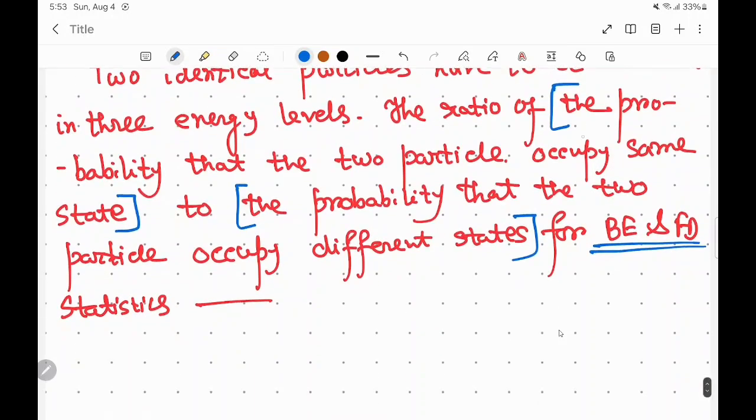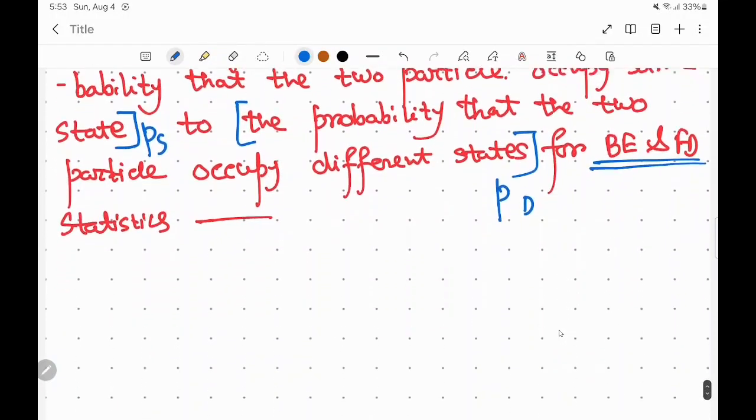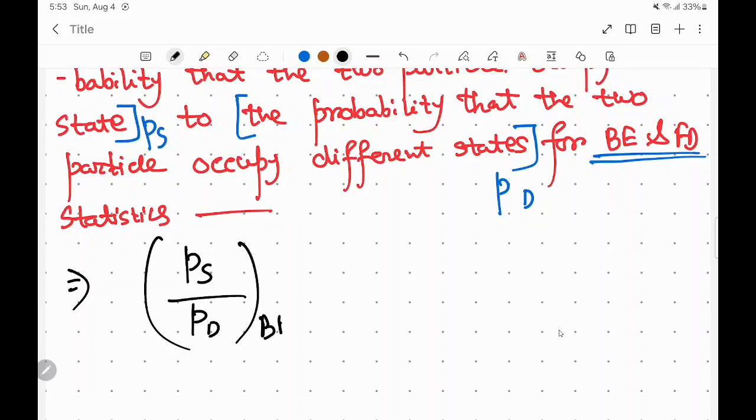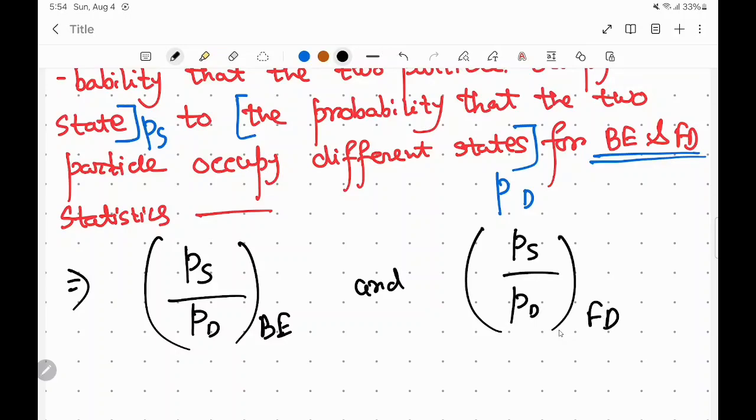So let's say the probability of the particles being in the same state is Ps, s for same, and this is Pd. We have to find out Ps divided by Pd, first considering Bose-Einstein, and then Ps divided by Pd for Fermi-Dirac.